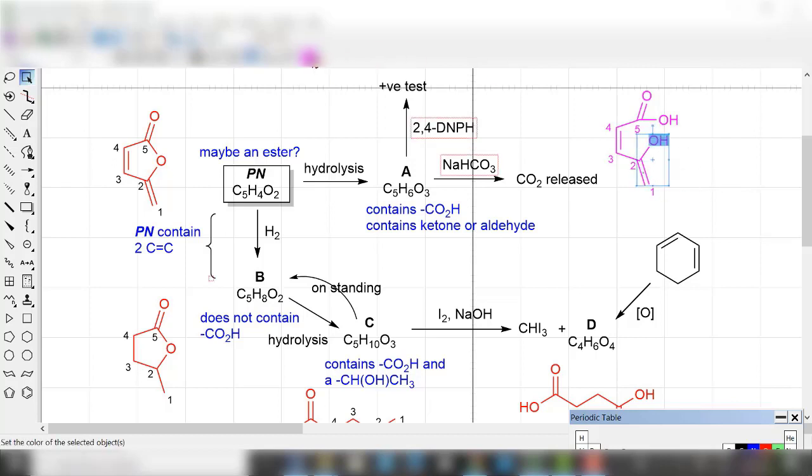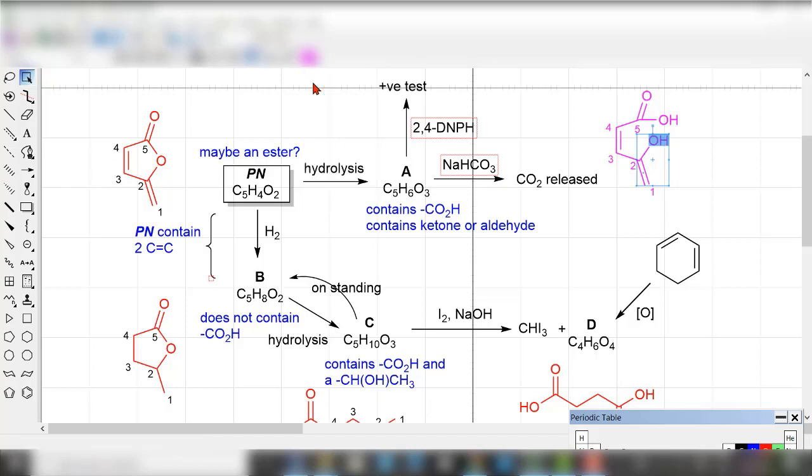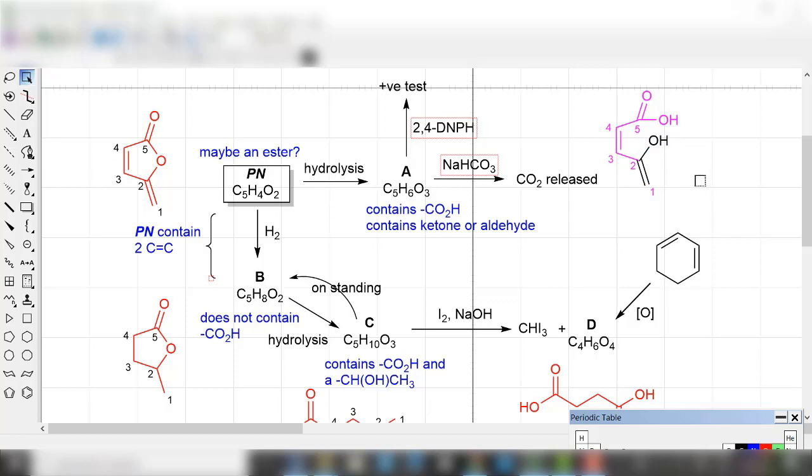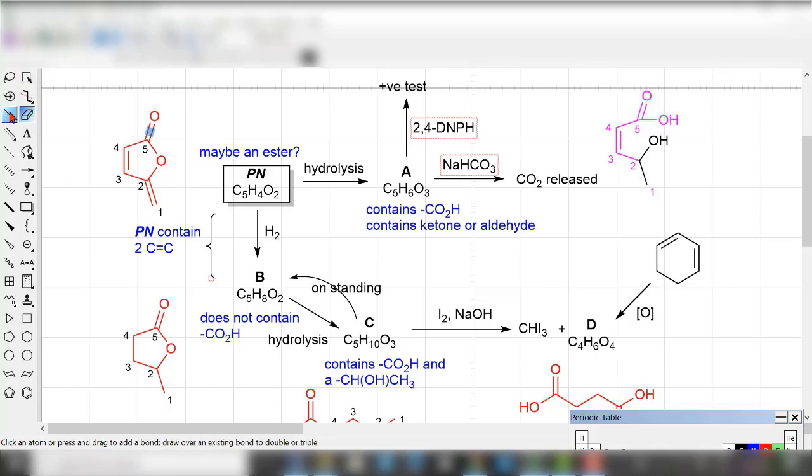Maybe black will be easier. This particular structure is actually not stable under ordinary conditions, so it will immediately become a ketone. If it becomes a ketone, it looks like this.